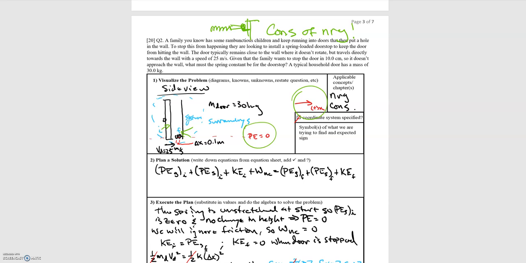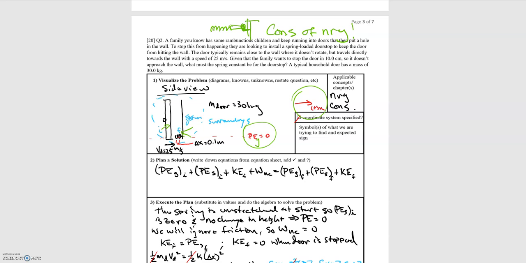I have a gravitational potential energy line of 0. Of course, we're not moving up and down, so you don't need to define gravitational potential energy of 0 for this problem. It's just constant, so it really doesn't matter.